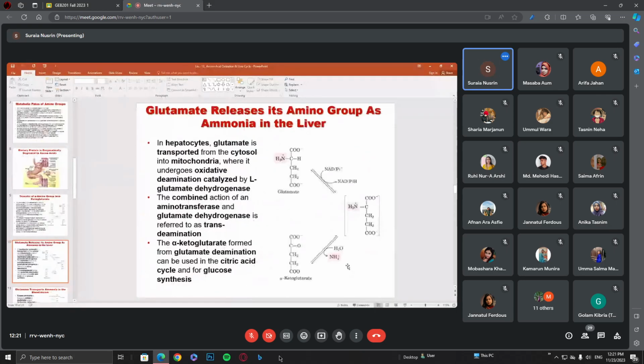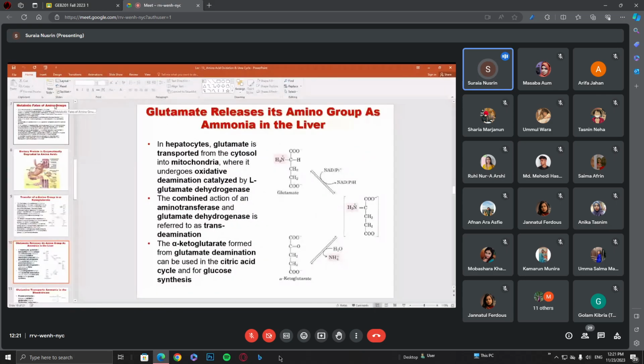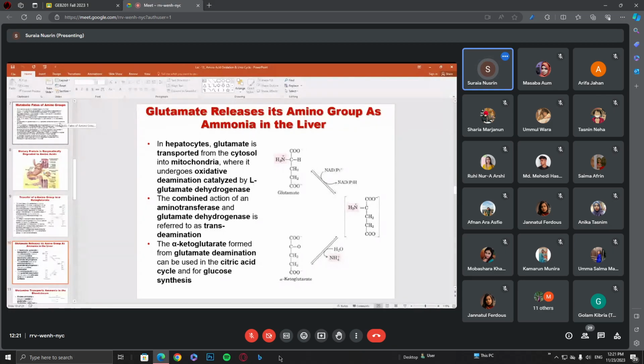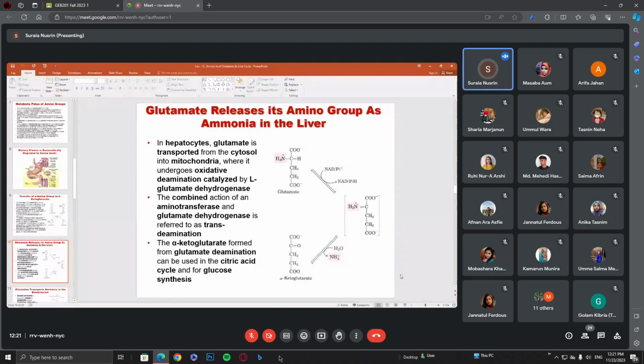Okay, the removal of the amino group from amino acid. Now the second one: this reaction is happening in the hepatocytes, and in the first reaction we get glutamate. We are not focusing on the keto acid now, because the keto acid enters the TCA cycle and we learned about the TCA cycle. What happened to the glutamate, that is our focus now. This glutamate is transported from the cytosol of the cell to the mitochondria, and glutamate undergoes oxidative deamination reaction.